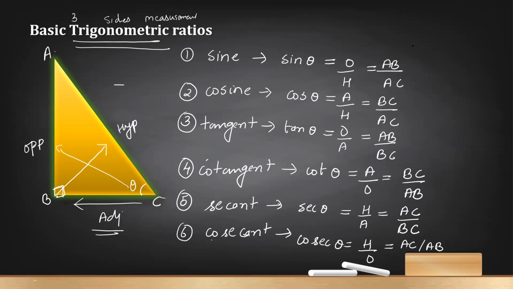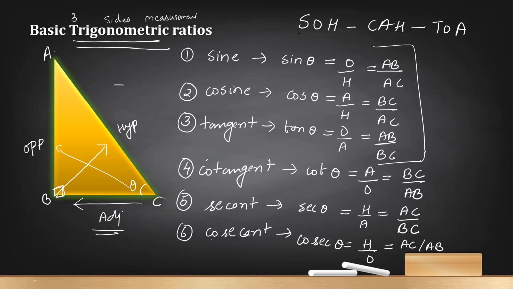It is very important to know at least the first three, because if you observe, the last three are actually the reciprocals. The next topic we are going to do is reciprocals. So the first three are very important to remember. How do you remember which one is sine, opposite upon hypotenuse, adjacent upon hypotenuse? I have a shortcut to remember. Just follow this trick: it is SOH CAH TOA.